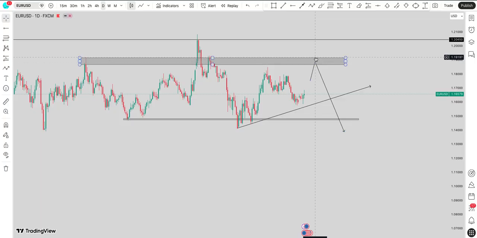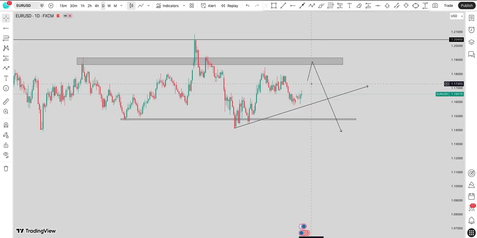However, if I still want to take a sell in this market, let me see Fibonacci. I would like to see the market coming into this level right around here, around this zone.